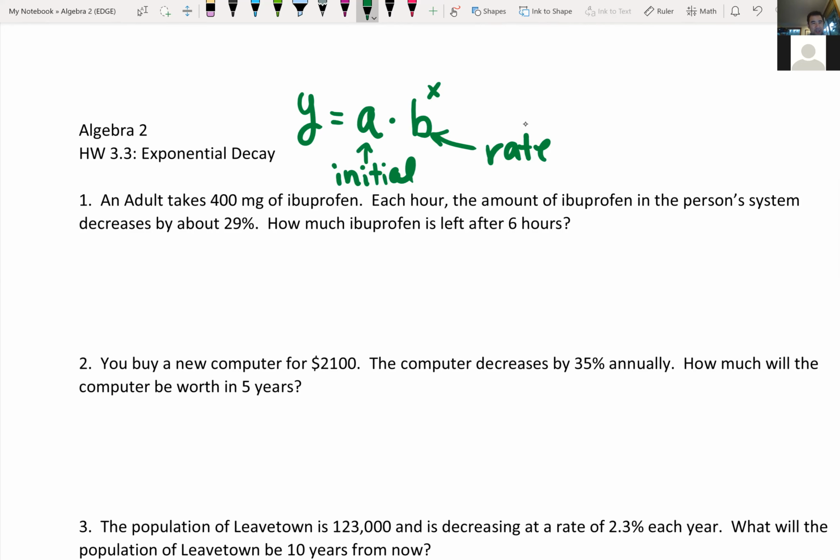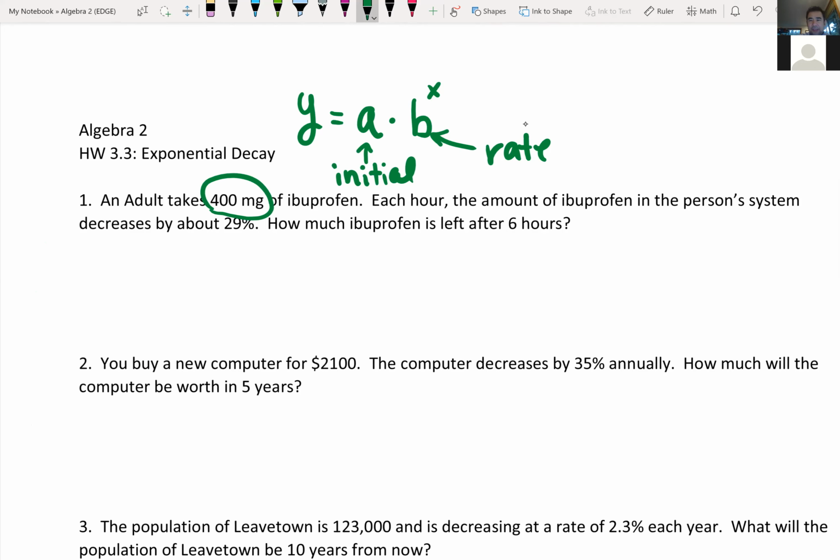So let's do number 1, okay? So you take ibuprofen, let's say 400 milligram, okay? And those are all good examples of exponential function, and specifically exponential decay problems, okay?